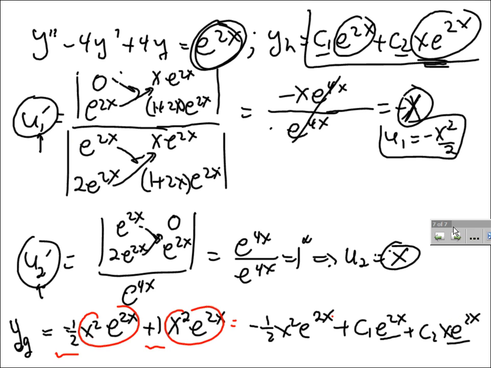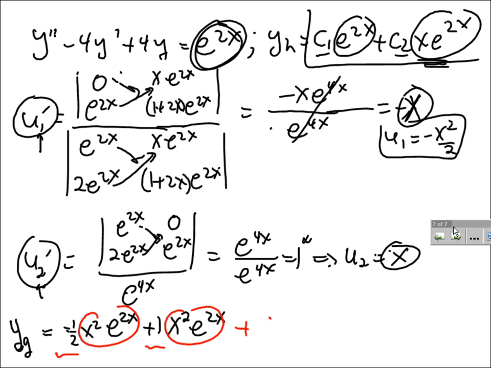So to go from the particular solution, actually, nothing's wrong, but I just meant to add it on, not to say equal. Plus C1 e to the 2x plus C2 x e to the 2x.